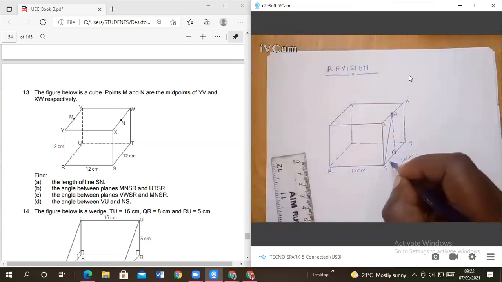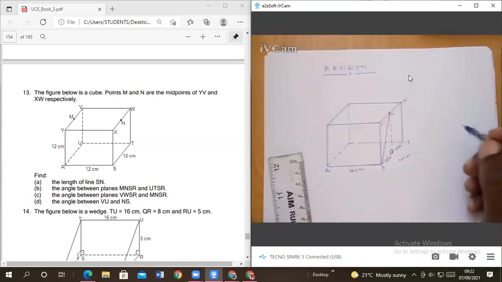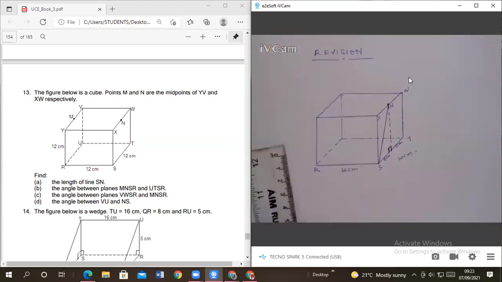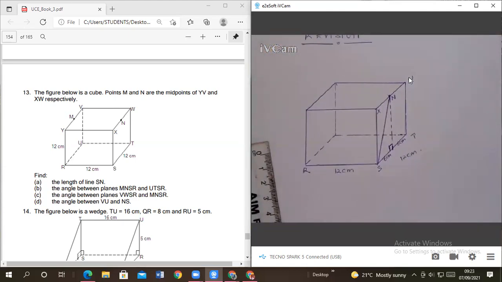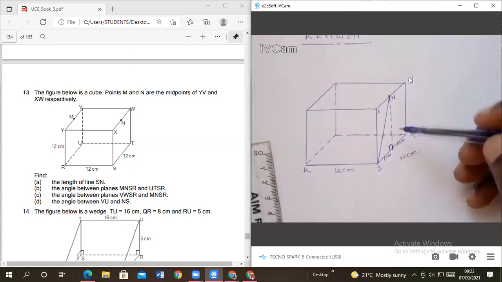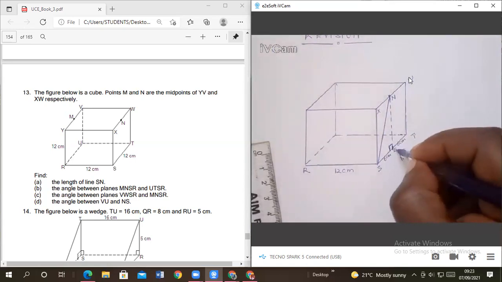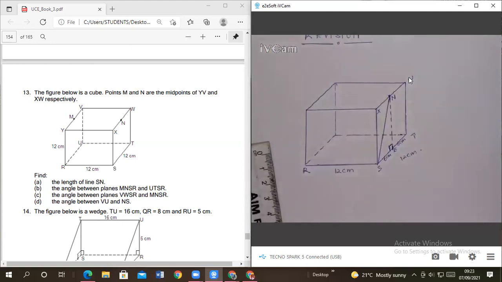So that means that this is 6 centimeters, and also this one is 6 centimeters. Now what we need to know is, what is this distance from here up to here? Let me call this small point point E.